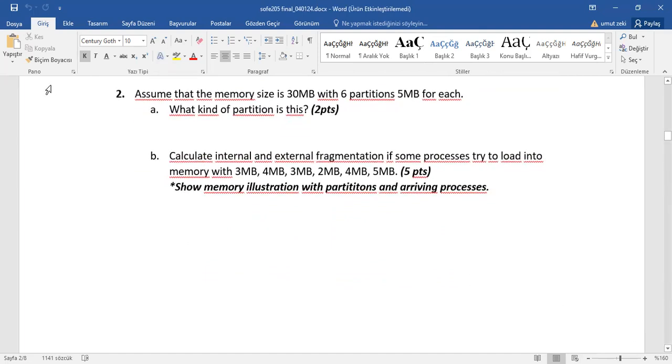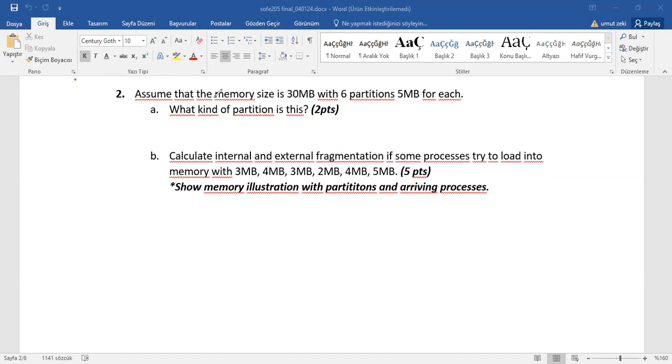Let's come to the second question. In this question, we discussed the memory partitions: fixed partition, dynamic partition, linked list method. By checking the sentence, you have to understand what kind of partition this is.